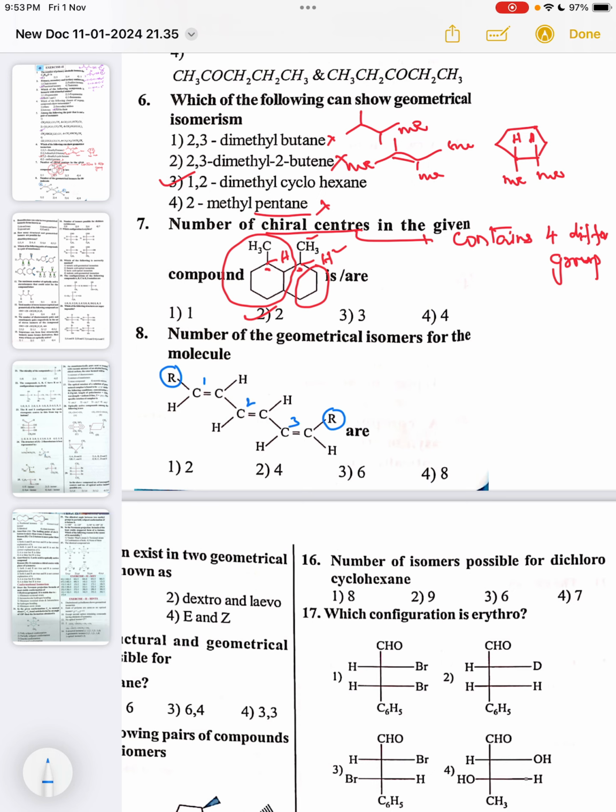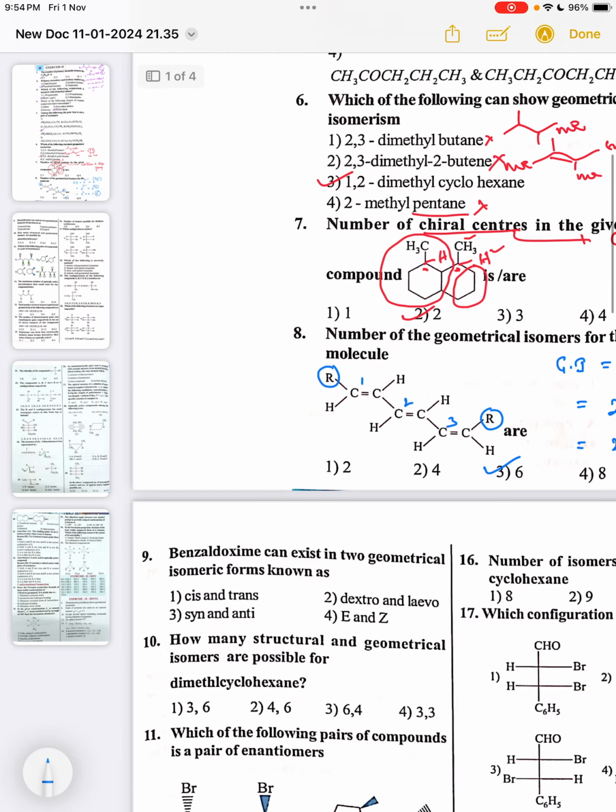So the formula to calculate the number of geometrical isomers for this type of compound is 2 to the power n minus 1 plus 2 to the power (n minus 1) by 2. Here n is the number of double bonds, 3. So it is 2 to the power 2 plus 2 to the power 1, that is 4 plus 2, 6. So 6 isomers are possible.